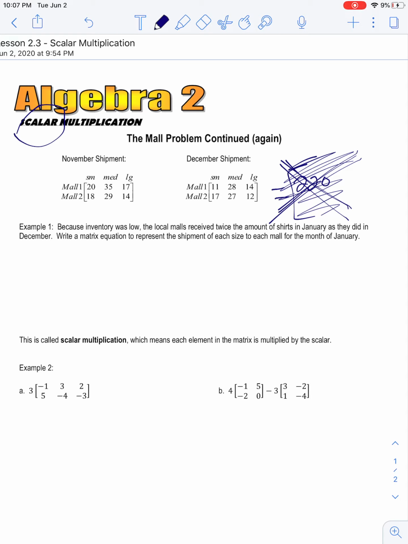Write a matrix to represent the shipment of each size to each mall for the month of January. So we have information for November and December, but now let's add in a third month, January. If the malls received twice the amount in January as they did in December, really all we need to use here is this December information.